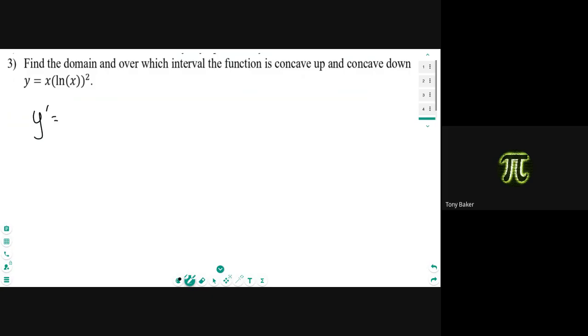What rule do I need to use for it? Yep. So if I make f dx, f prime is 1. G prime is 2 times 1 over x ln of x.